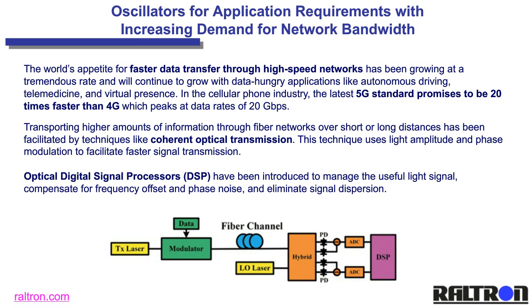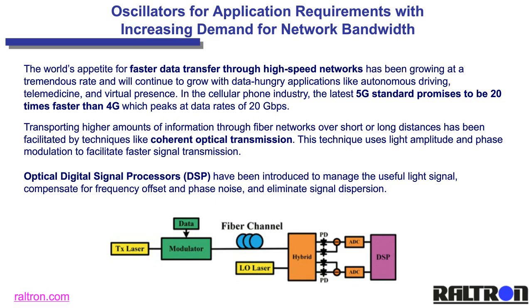This higher speed, in particular through fiber lines, has been made possible only in the last 10, 12 years. And the industry has invented, essentially, a concept called coherent optical transmission, which was a big improvement, a big departure from the way information was transmitted previously through fiber lines, which was a relatively simple on-off type of transmission.